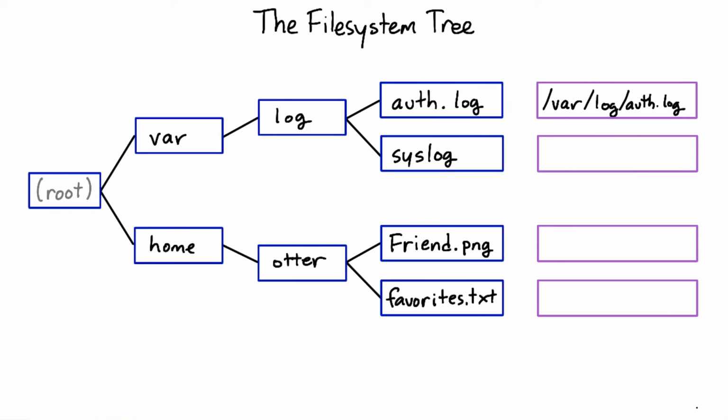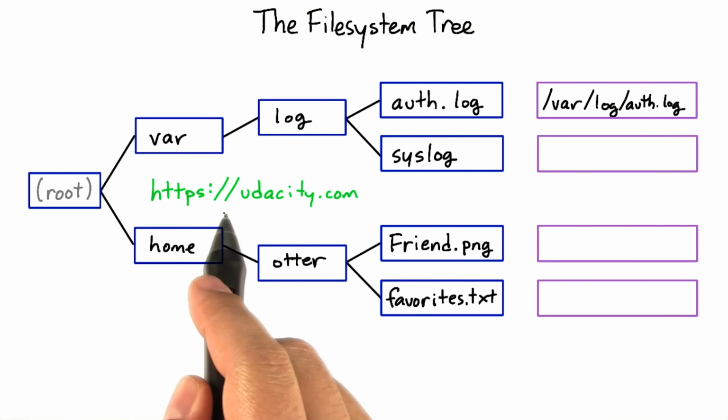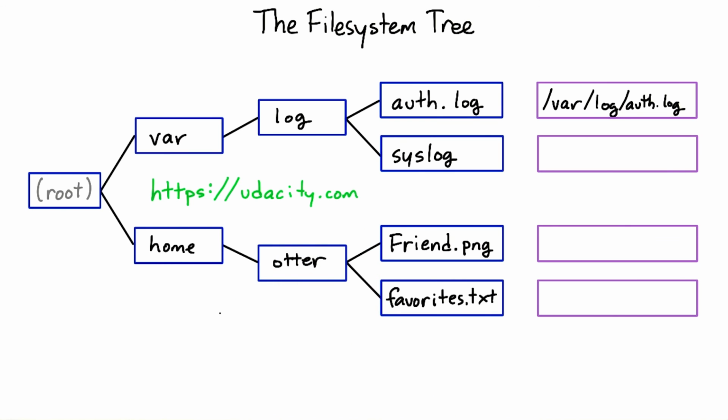Now, if you're coming from Windows, be careful. Linux uses the / to separate directories, whereas Windows uses the backslash. The / is the same one that you see in URLs like https://udacity.com, or for writing fractions like 2/3, or in various other uses.